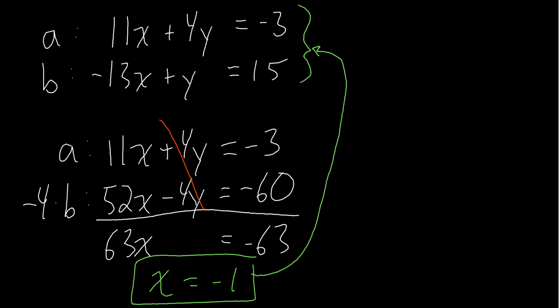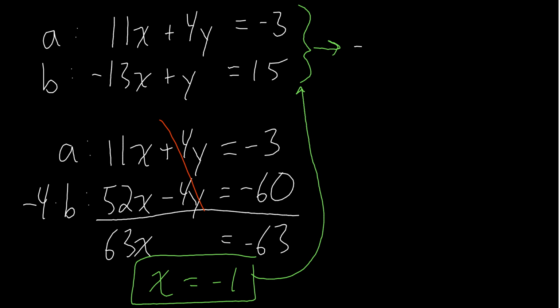Okay, so let's do it up here. We're going to plug it into equation B, so we're going to have a negative 13x, so negative 13 times a negative 1, because that's what my x value is, right?